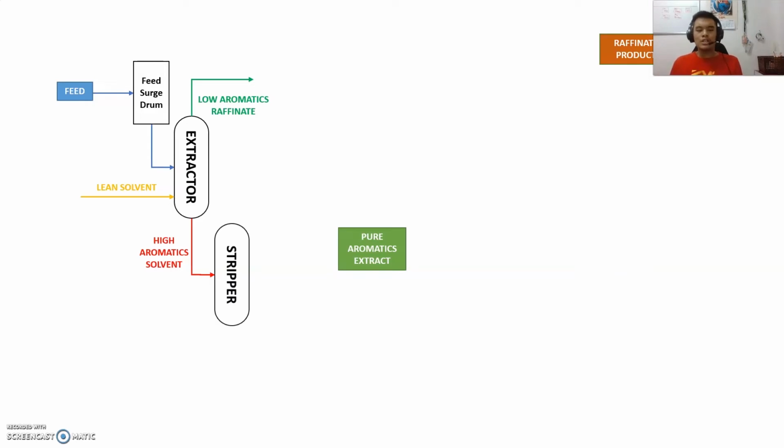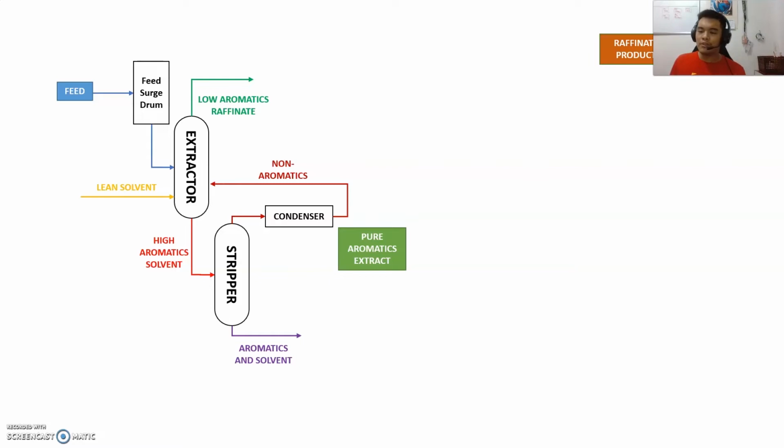So, where does this lean solvent bottoms go? Well, it goes forward into a stripper so that it would separate the non-aromatics from the aromatics and the solvent. Then the non-aromatics are in vapor form. They must be forwarded into a condenser to turn back into liquid form and be recycled back into the extractor to improve efficiency and collection.